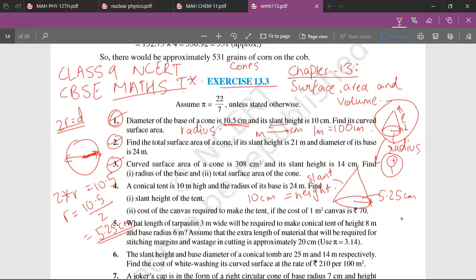As I said, first draw a neat, rough representation of a cone. So I'll try to draw a cone. Somewhat the cone looks like this, and we are going to enter the dimensions that the question has given us. The question has given us our radius. There's a common center of the circle.